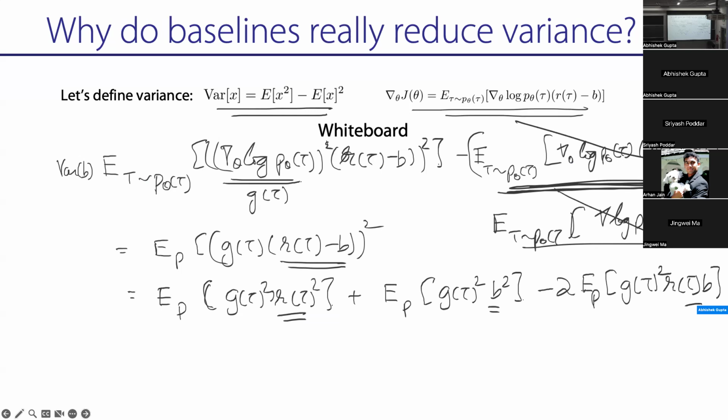So now if I want to take the gradient of this thing with respect to B, basically this term doesn't matter, it doesn't depend on B. This term just becomes 2B, right? And in this term, the B just goes away.